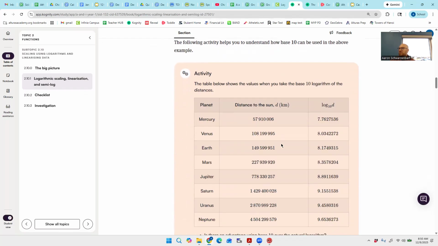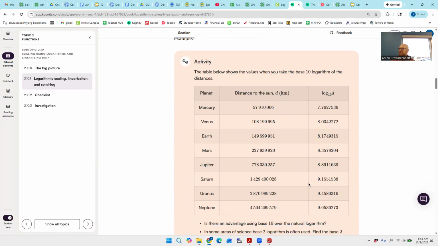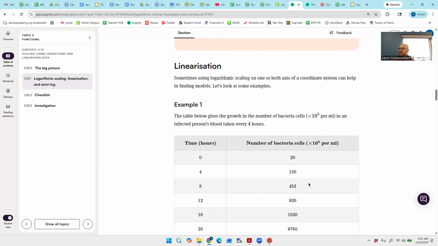So, if they did it with log base 10 this time instead of log base e, all of a sudden these fit much, much simpler. They all fit between 7 and 10. So, linearizing. Here's how we do it.